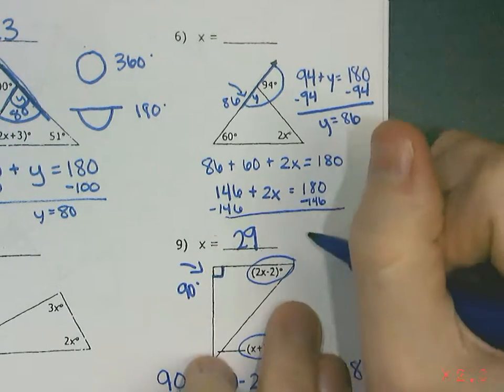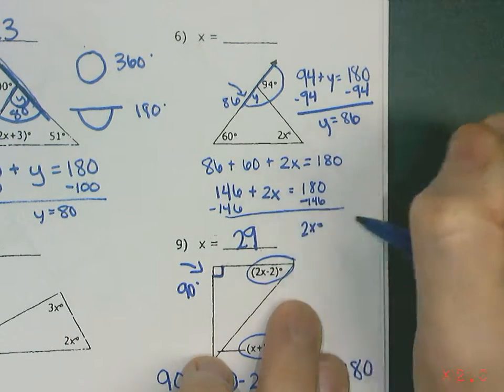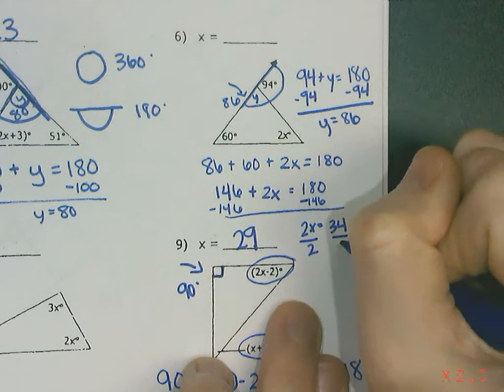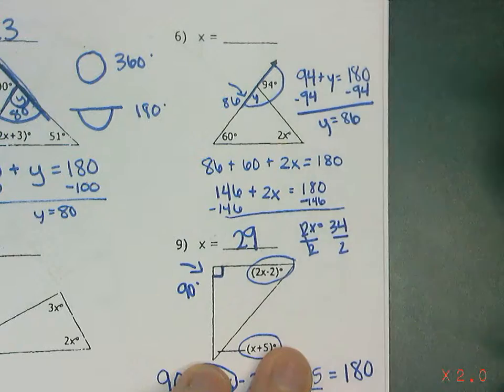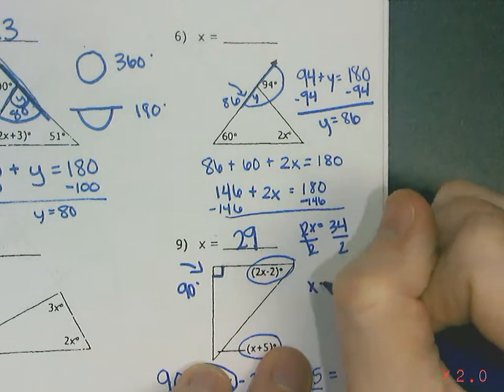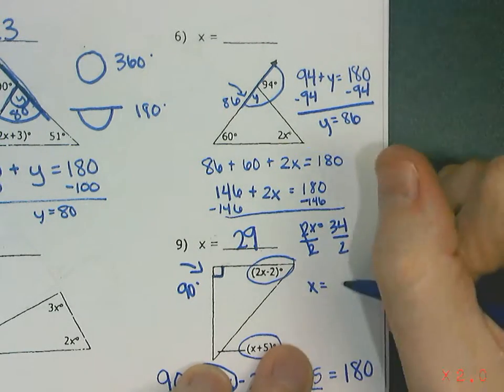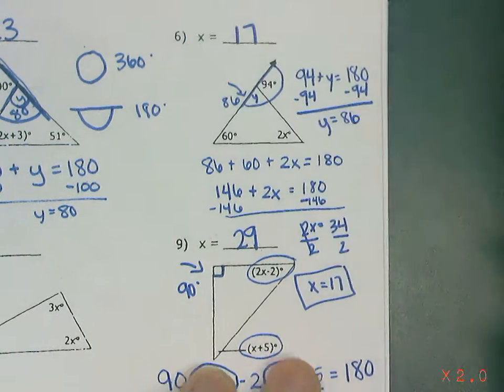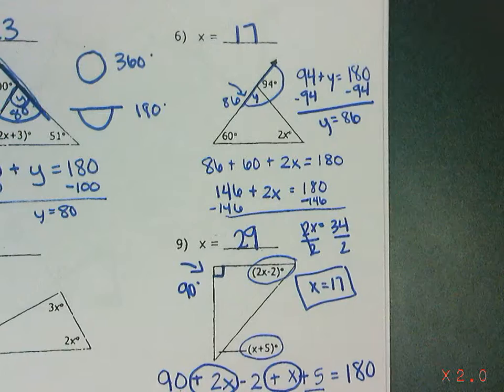And that gives us 2x equals 34. So we divide by 2 on both sides, and 34 divided by 2 is 17. So for number 6, x equals 17.